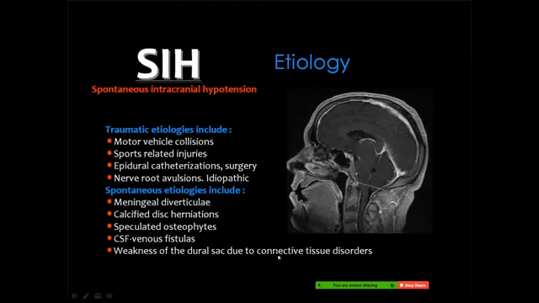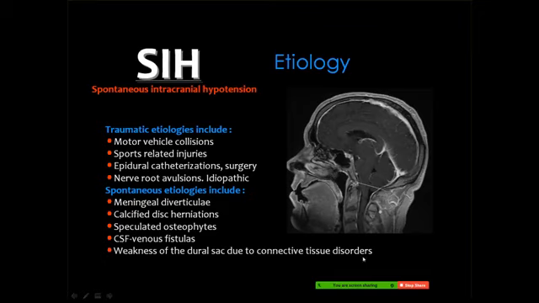And there are some causes of this hypotension, like the traumatic causes, and also some spontaneous etiology, like meningeal diverticuli, calcified disc herniation, which can perforate the dura. Spiculated osteophytes have the same effect, CSF venous fistula, and weakness of the dural sac due to connective tissue disorder.